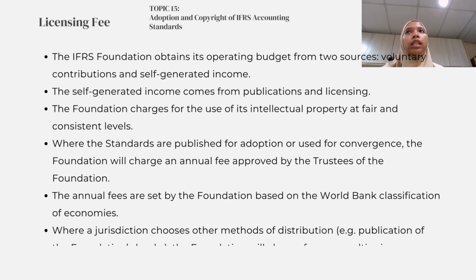The publication is where the IFRS Foundation has published foundation books, which will profit them in terms of fees and royalties, according to the fees and licensing fee that are in the books.